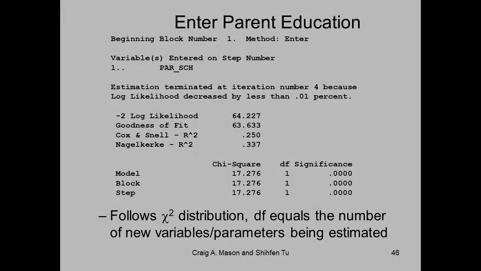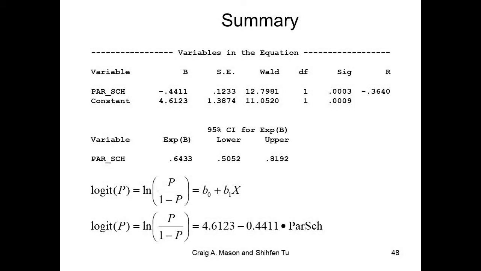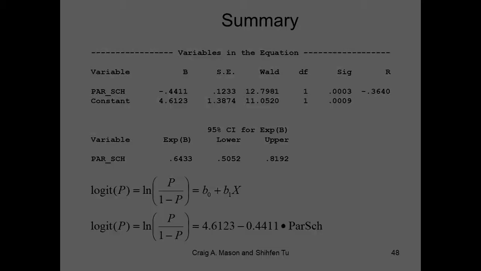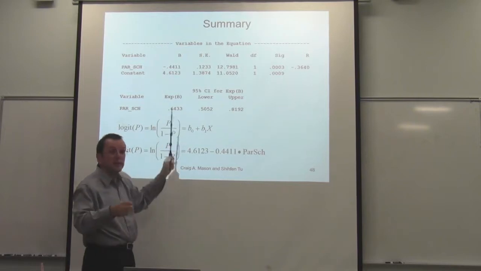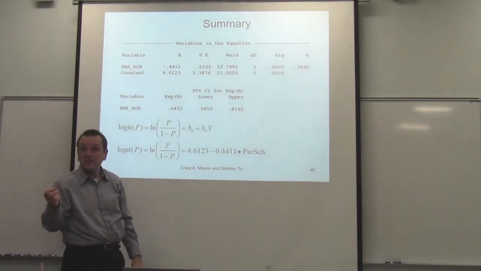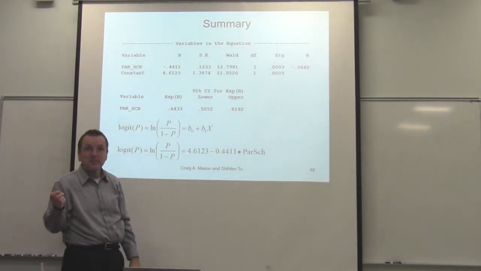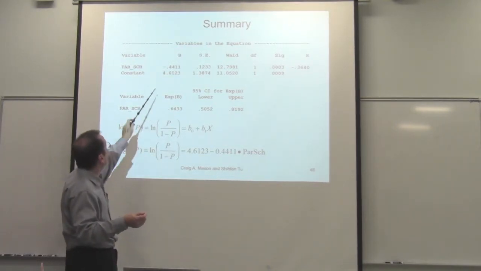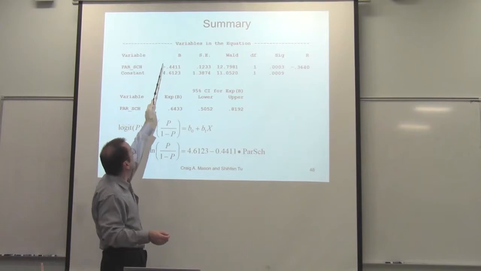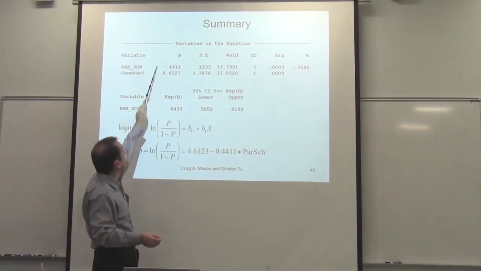Here's our regression model. Just like with multiple regression, there's a little twist, because we need to remember our outcome isn't Y. This is the regression model for predicting the log odds. Here's our regression coefficient for the parent schooling effect.